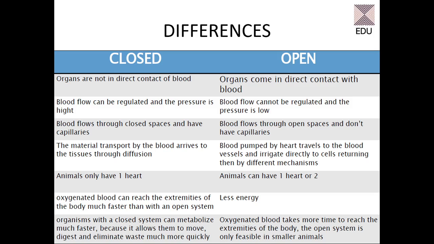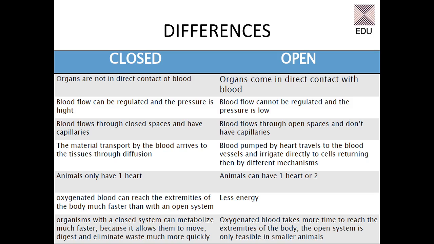Now in the closed system, the oxygenated blood can reach the extremities of the body. That means the closed system can throw the blood through the arteries or vessels to the very hind ends or the caudal ends of the animal.